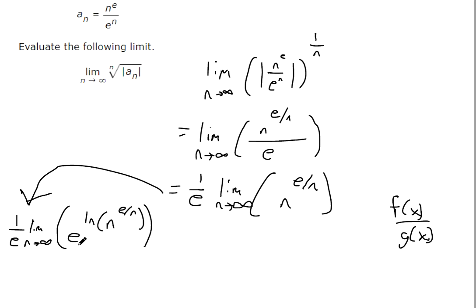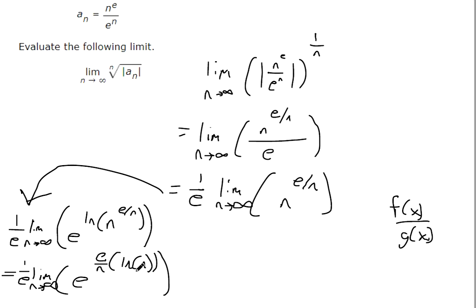Right, this is the same thing because e to the power of natural log would cancel out and leave us with just n to the e over n power. But I think it's going to help us because now if we use the exponent rule of logarithms, we can factor out this e to the power of e over n times natural log of n.